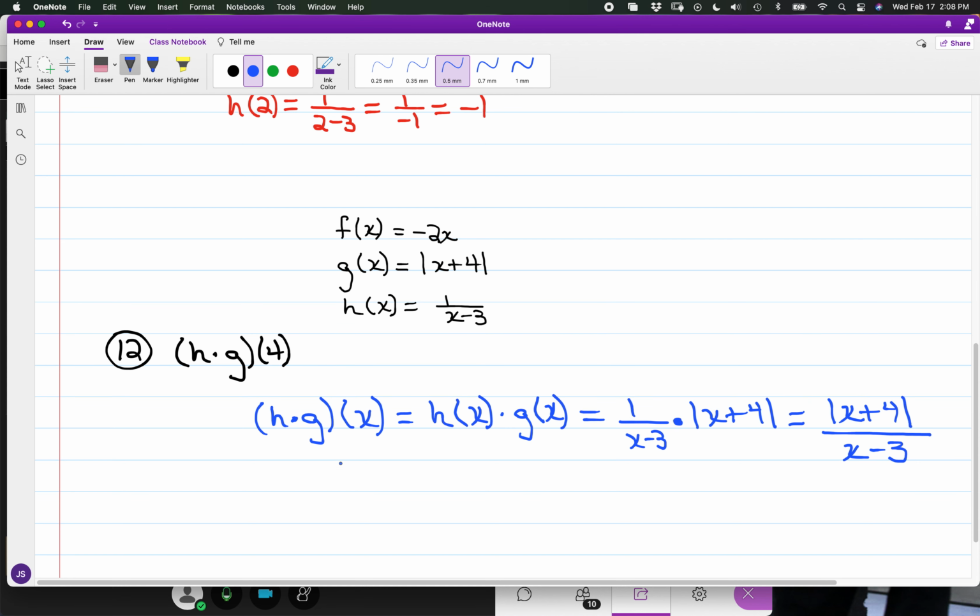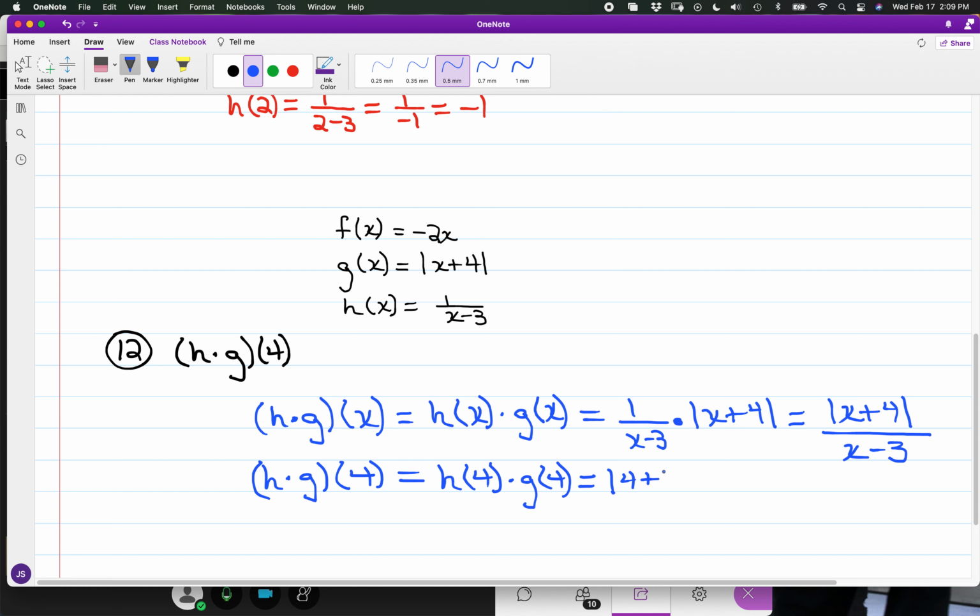And for the input value of 4, so we have for h times g of 4, so we have h of 4 times g of 4. And here we have plugging in 4 for x.